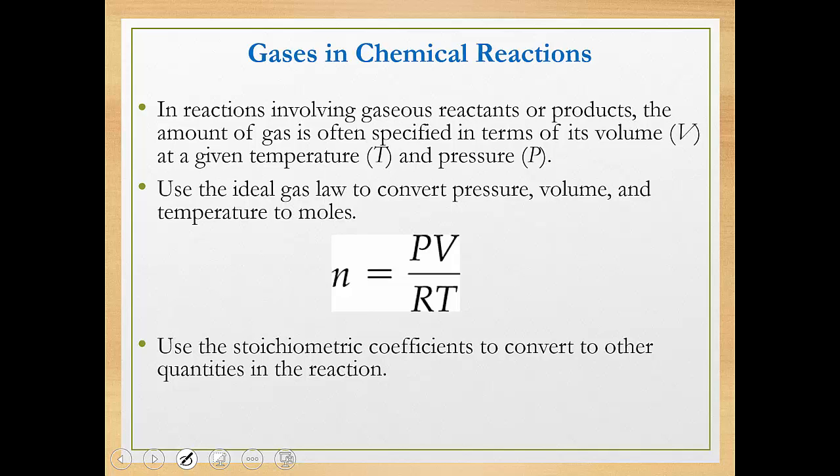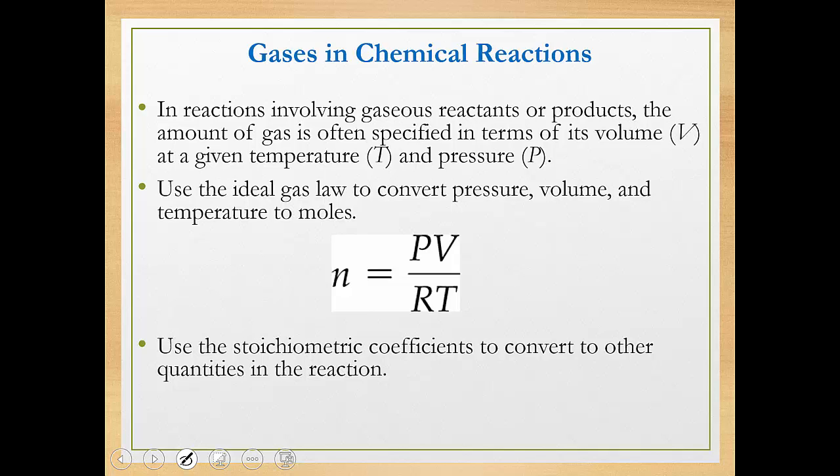Now what if you want to look at the gas in relation to the rest of the components in the chemical reaction, such as the reaction of zinc with hydrochloric acid? Now if you have a reaction that involves either a gaseous reactant or a gaseous product, the amount of the gas is often going to be specified in terms of the volume at a given temperature and pressure.